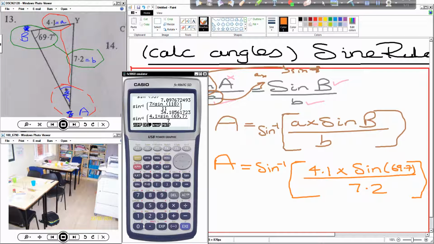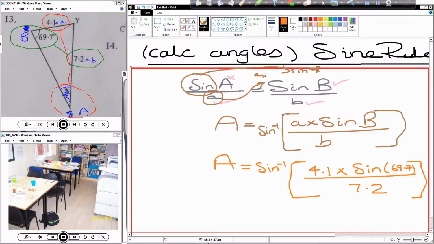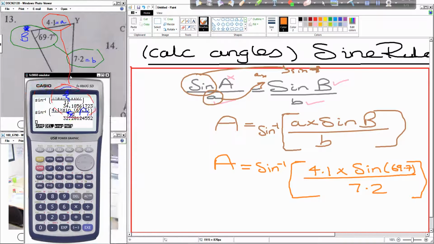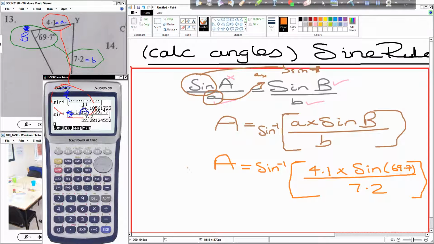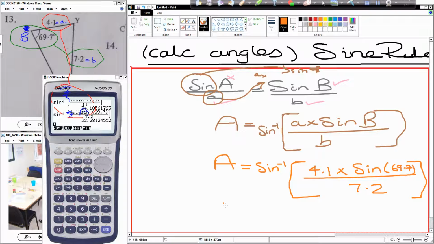So you just type in our 7.2, press replay again to bring the cursor back up, close the final bracket, press EXE. So what do we get, folks? Okay, the calculator is gone again. It disappears. Okay, so first of all, let's write down what we got as a rough answer.